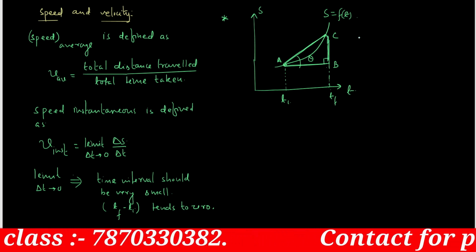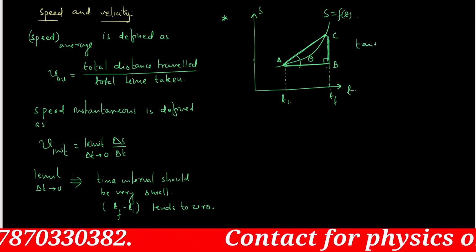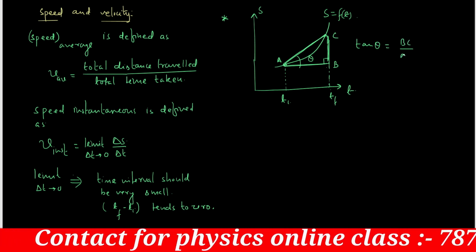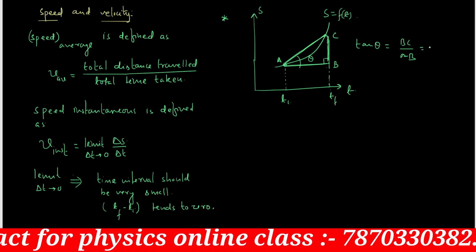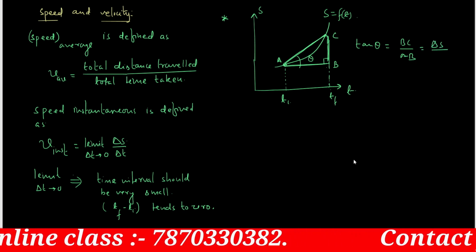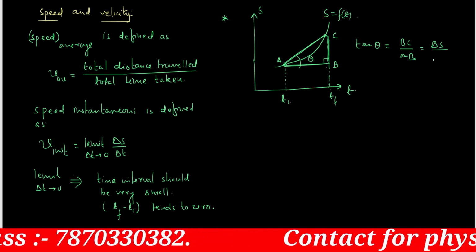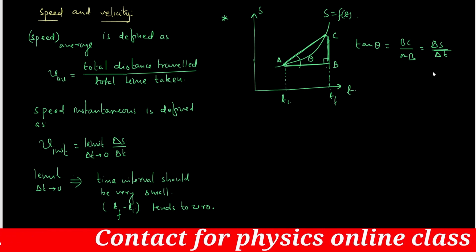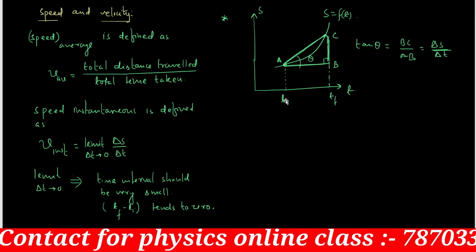This angle is 90, and you can write tan theta equals perpendicular by base. You can write the perpendicular as delta S and AB as delta T. You can write delta T as T final minus T initial.